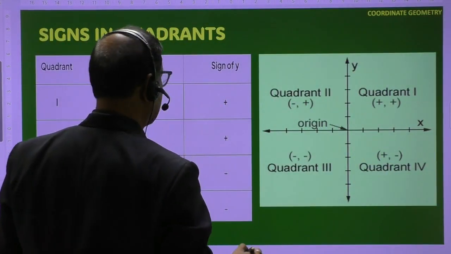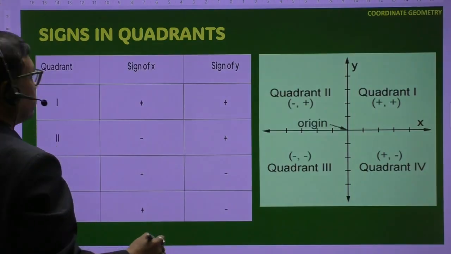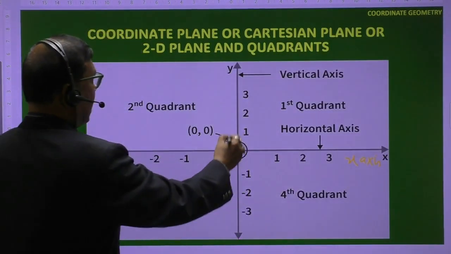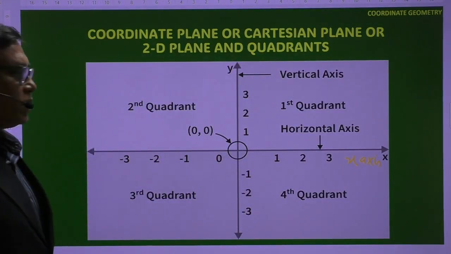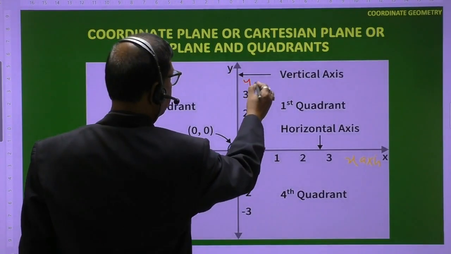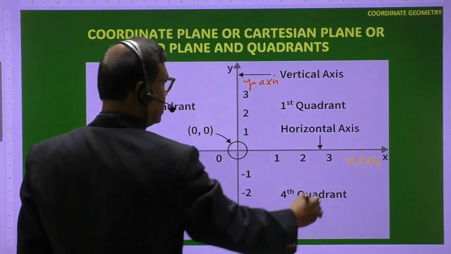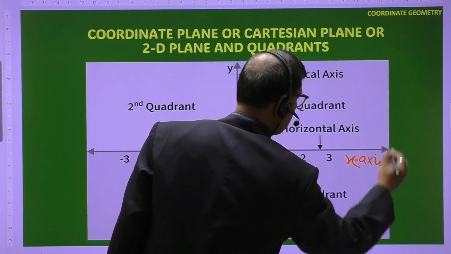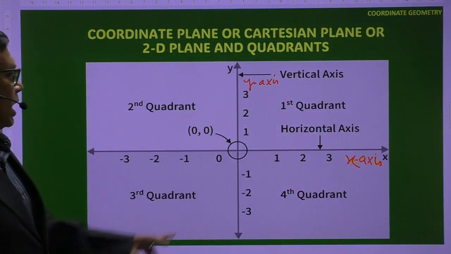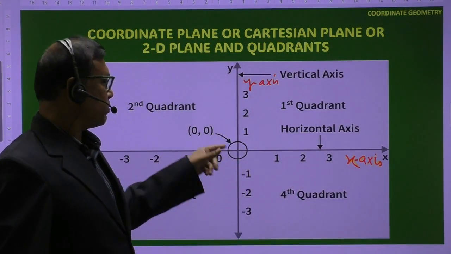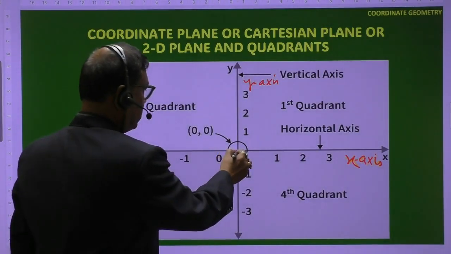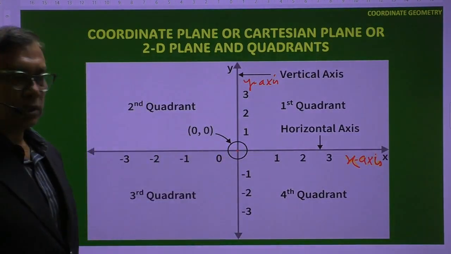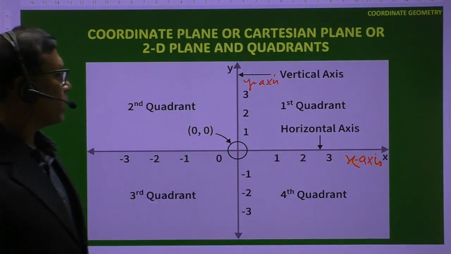So this is x-axis and this vertical axis is y-axis. Is it clear? So this is x-axis and it is y-axis, and these two axes meet at this point, which is known as origin.